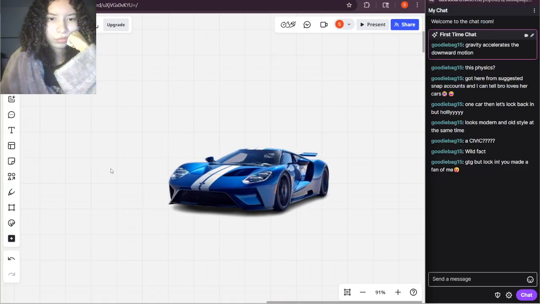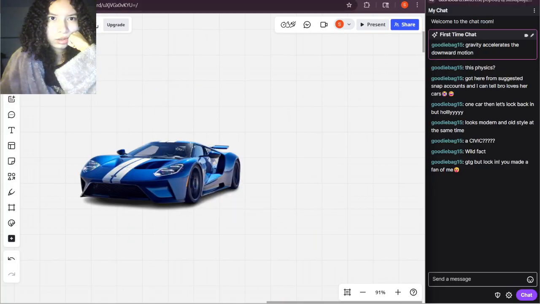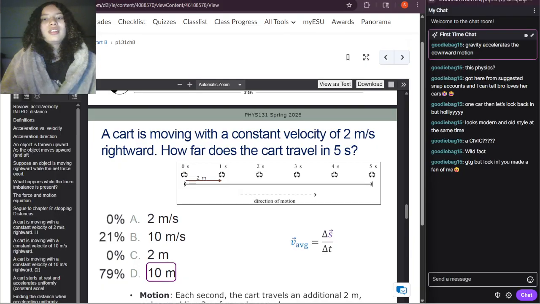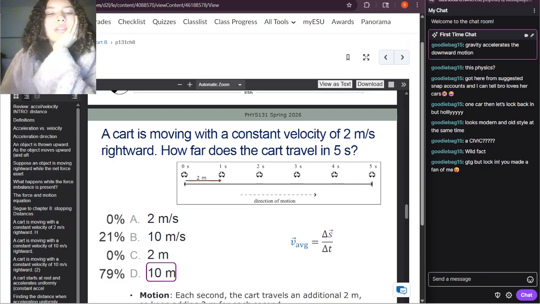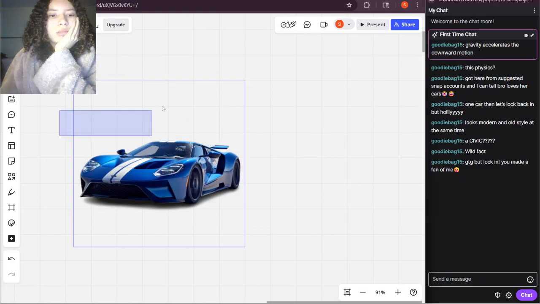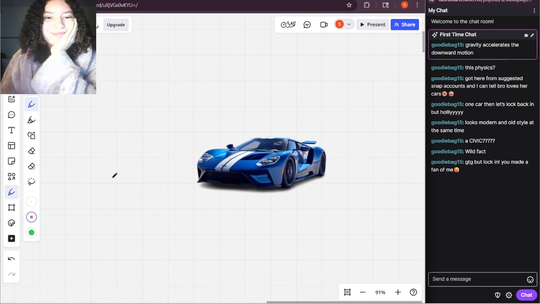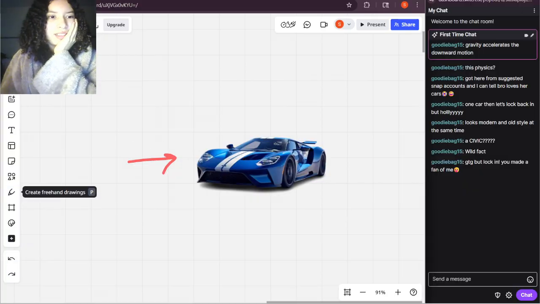Okay, I have the Ford GT. Velocity 2 meters a second rightward. It's not a cart, but close enough. It's a car. Okay, I should flip this image.